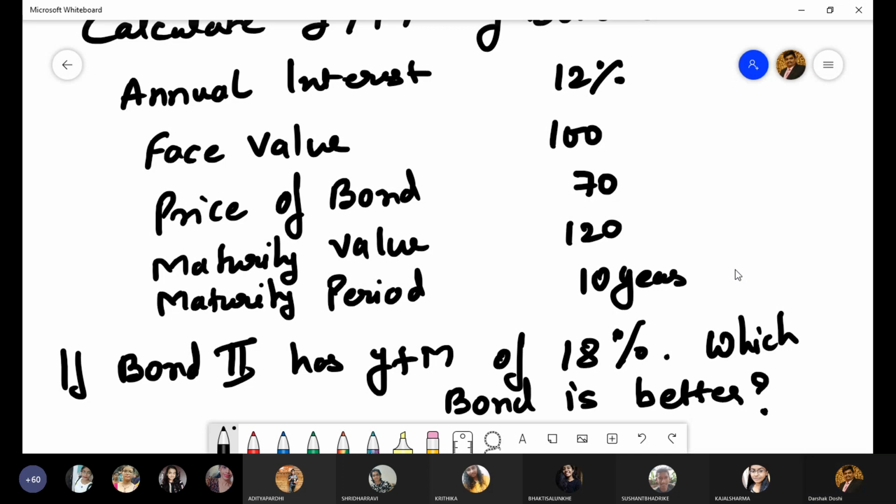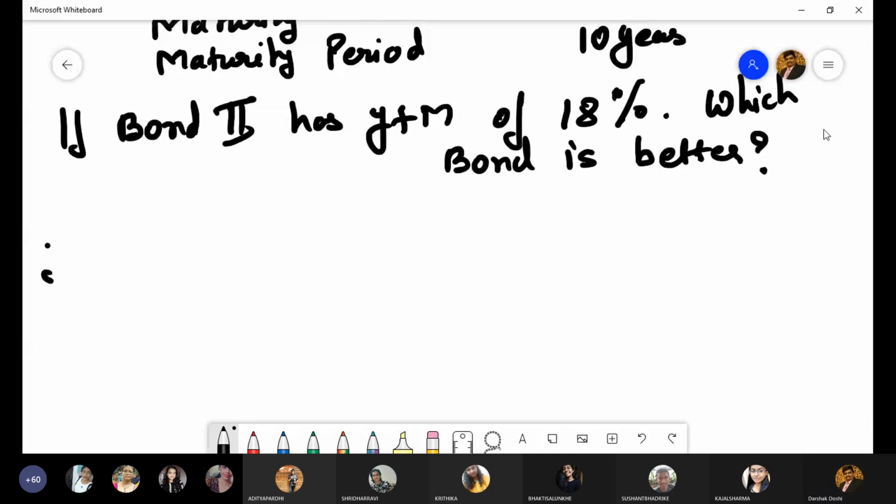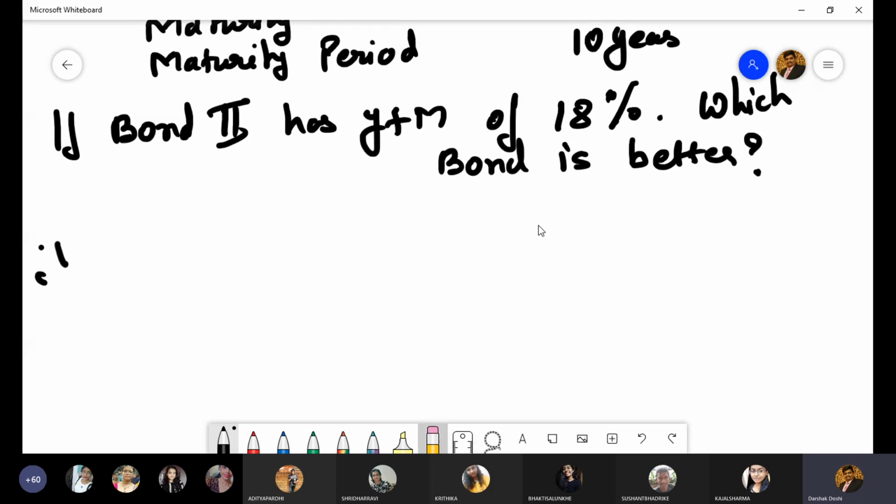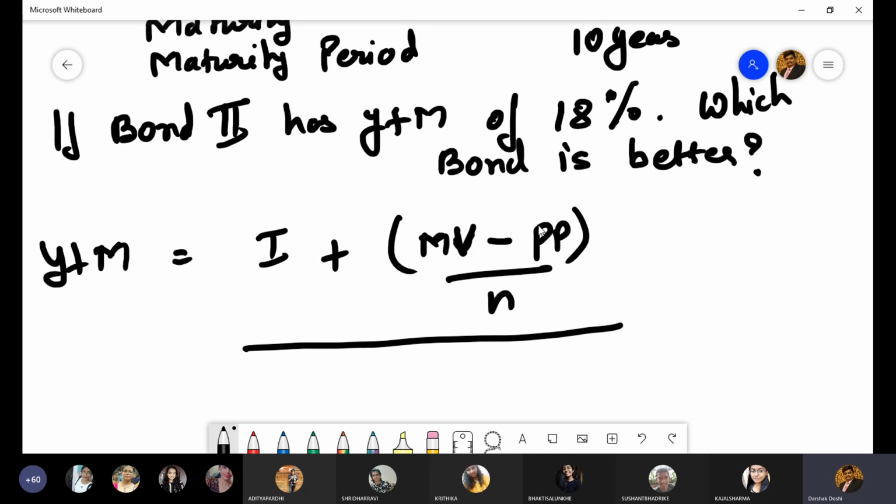Bond 1, YTM is equal to interest plus maturity value minus purchase price divided by n, the whole divided by maturity value plus purchase price divided by 2.